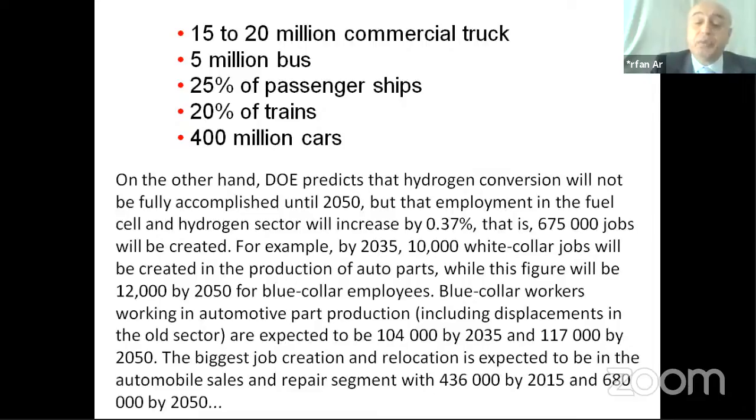For example, by 2035, 10,000 white-collar jobs will be created in the production of auto parts, while this figure will be 12,000 by 2050. And for blue-collar workers in automotive part production, including displacement in the oil sector, of course, 104,000 are expected by 2035 and 170,000 by 2050.